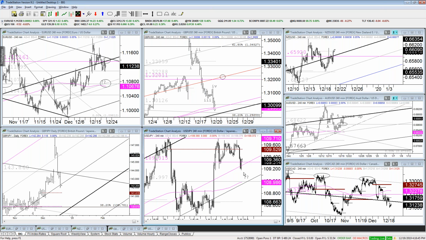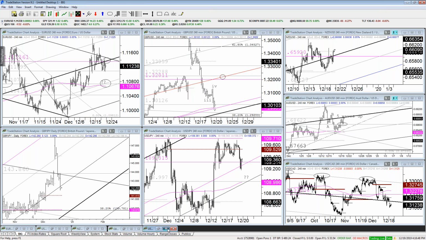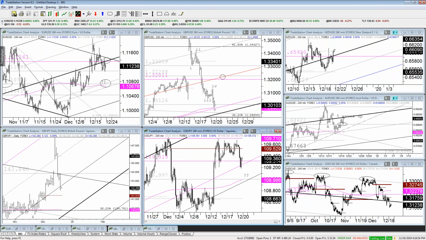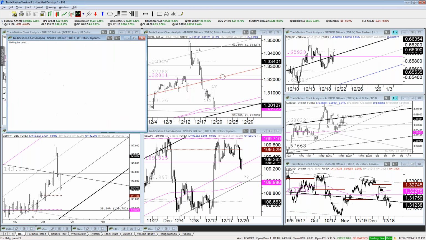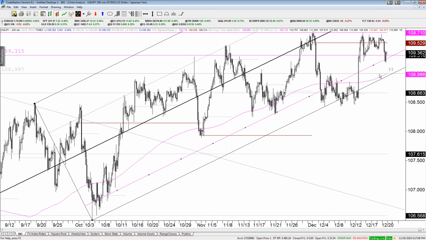Dollar yen. Yesterday's chart is not that one. Had a chart in yesterday's post. We might just be kind of up for a bit here in dollar yen.